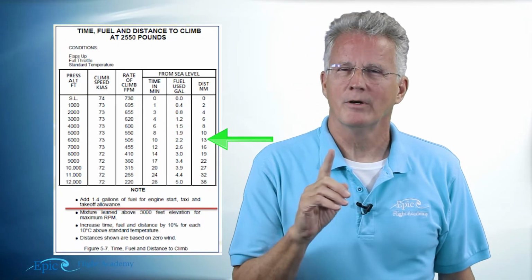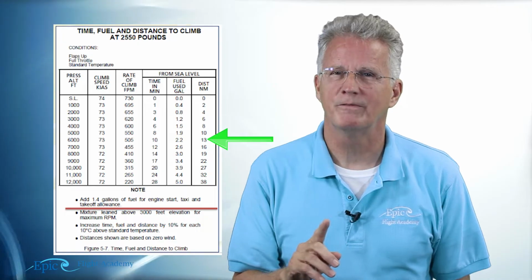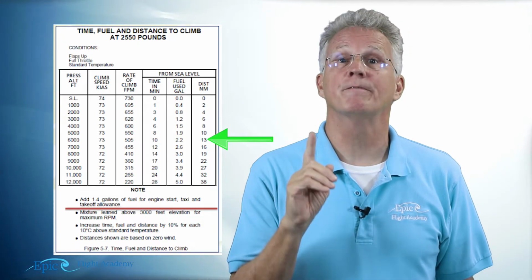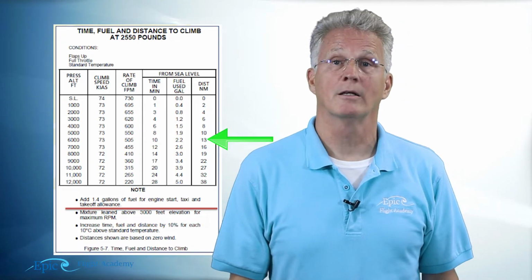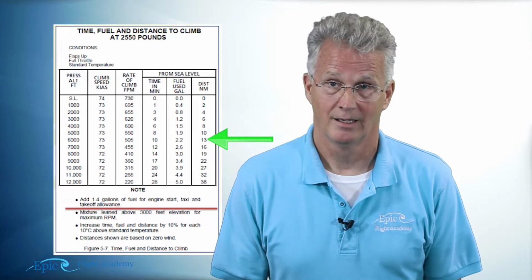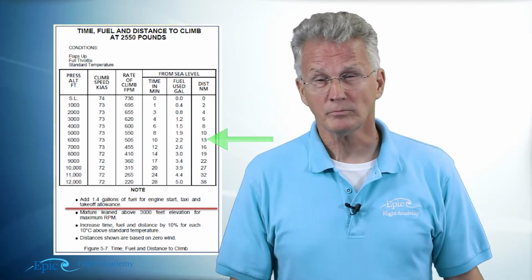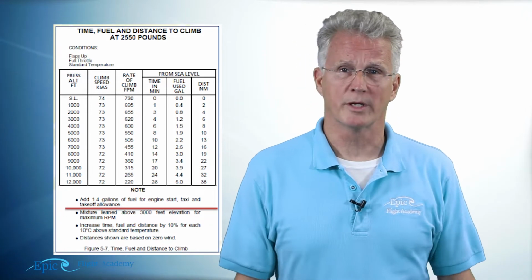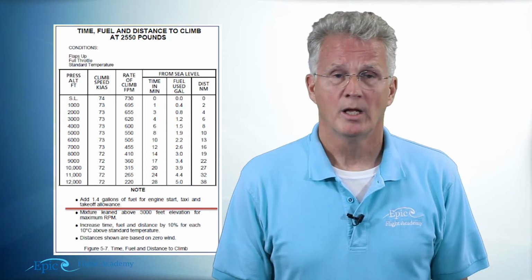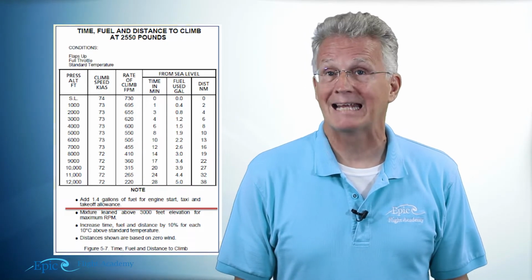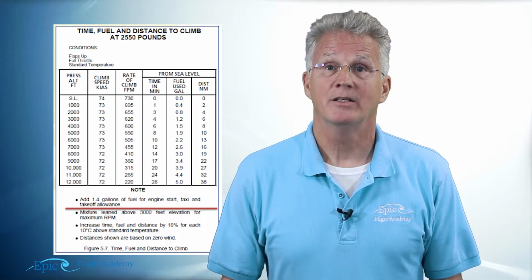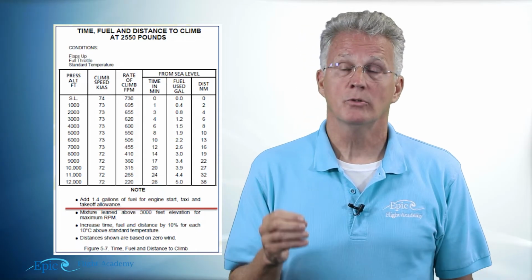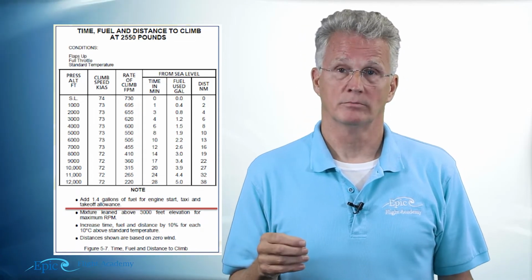This, however, sometimes confuses pilots if the airport they're starting at is not at sea level. Let's say we're flying up in the Midwest somewhere, and the airport is 2,000 feet above sea level.